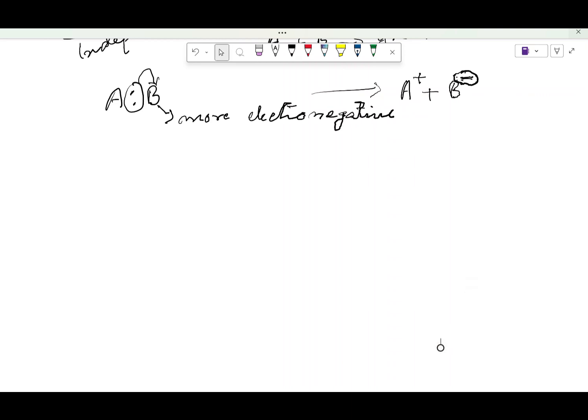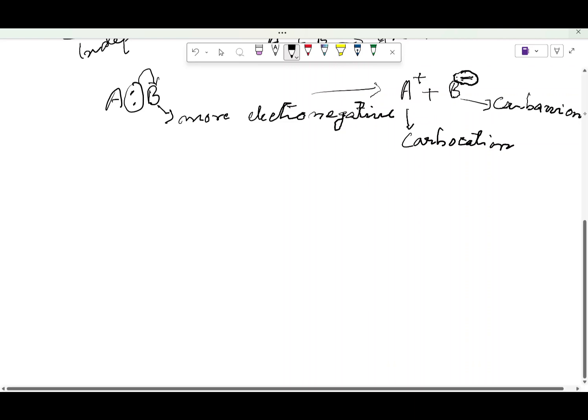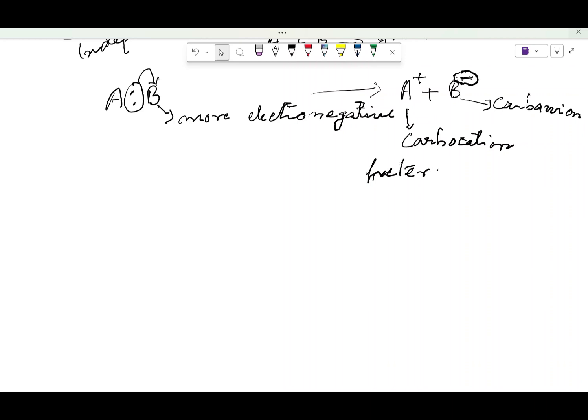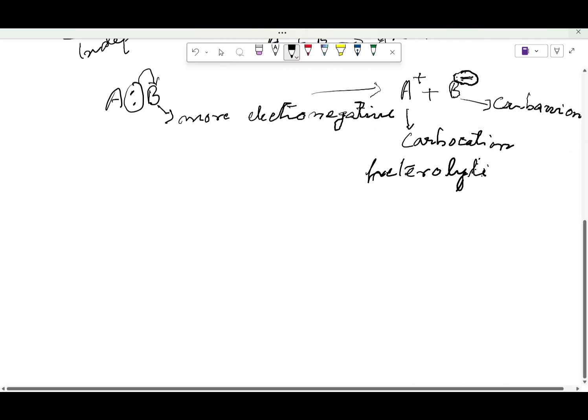In that case, it is called a carbocation and a carbanion. And this is called heterolysis, heterolytic cleavage or unsymmetrical cleavage.